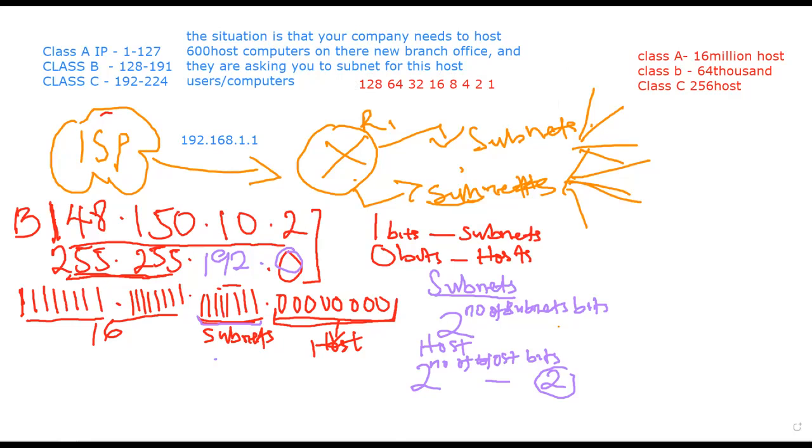Now we have 192. Let's look at what makes up 192 from this octet. We have 128 plus 64.